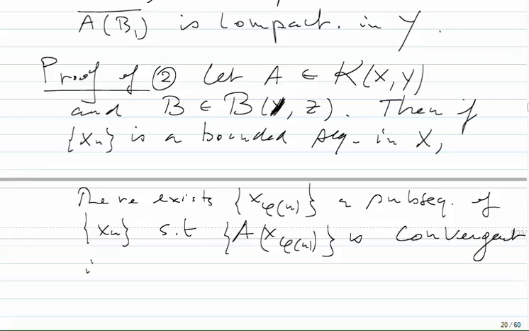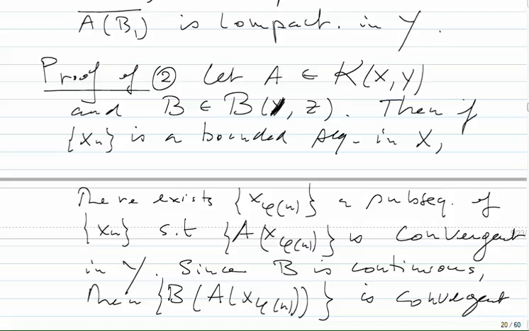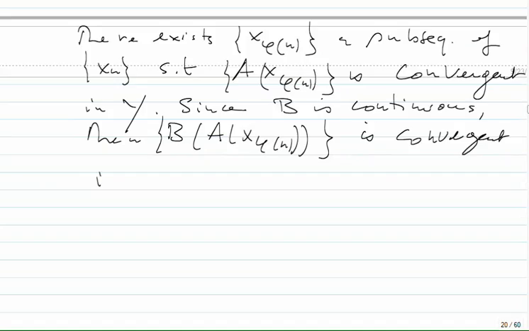And now since B is continuous, since B is a linear operator, then B of A of x_phi(n) is convergent in Z. So you see, this tells us what?